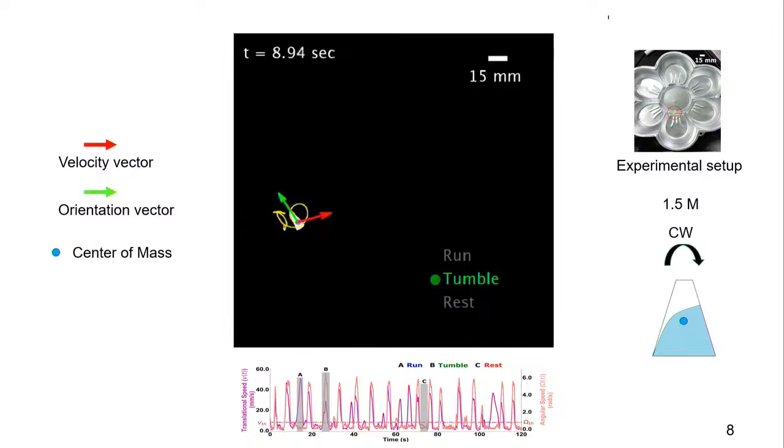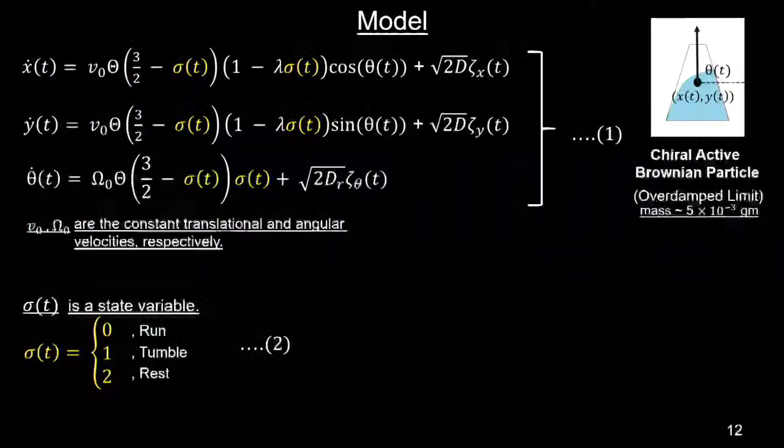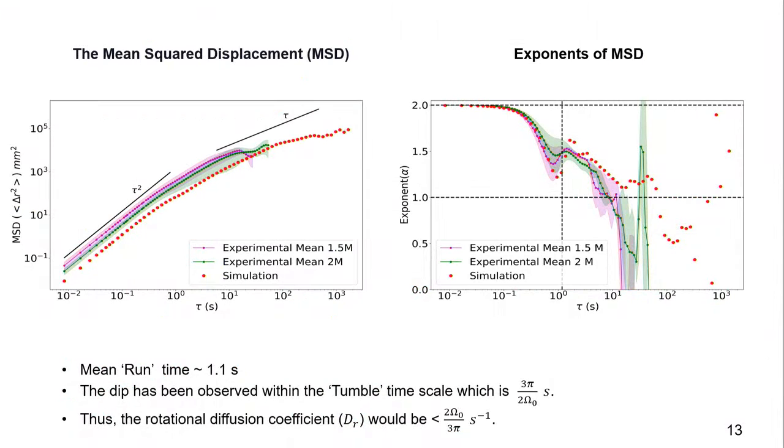Can you explain the MSD plot once again, and what are the features of it? So yeah, I skipped. Initially, there is a ballistic motion for a short time scale. There is a slow crossover. I think this slow crossover is coming due to the tumble on the rest state. First we were confused with this slow crossover, and then we plotted this exponent, and in this exponent you can see there is a dip.